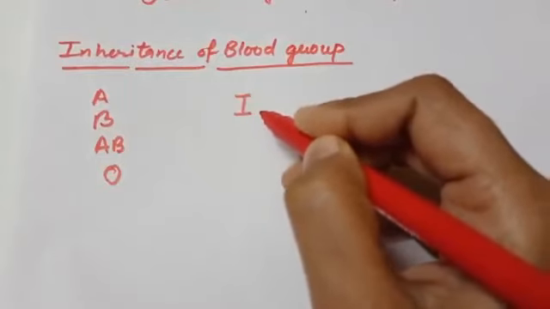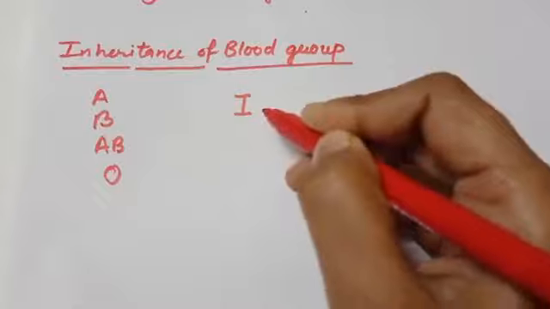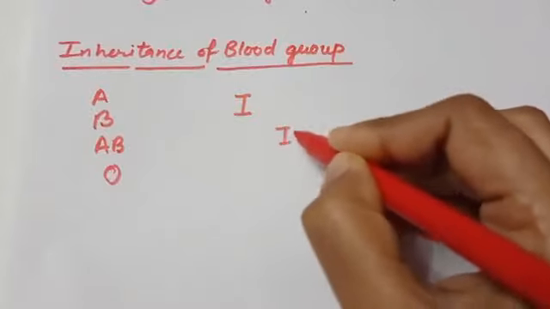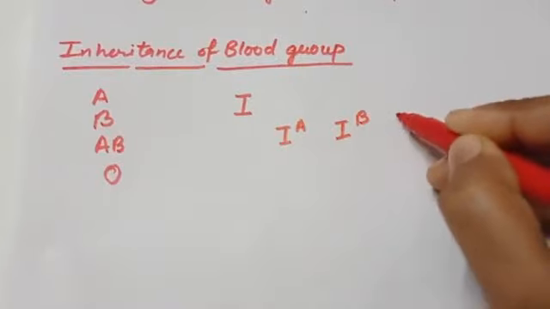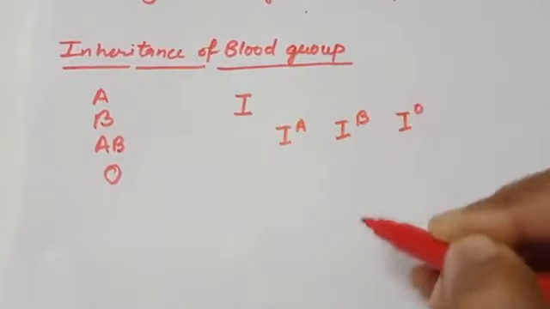It has three forms, and these are denoted by IA, IB and IO.